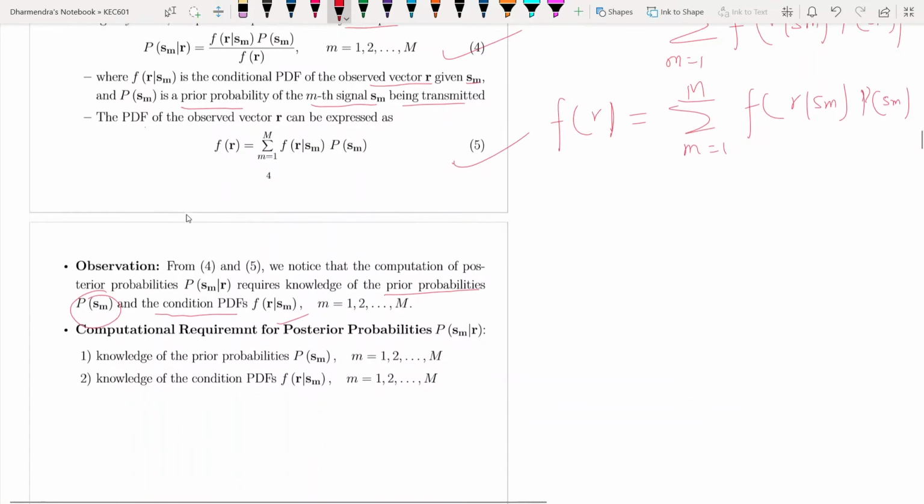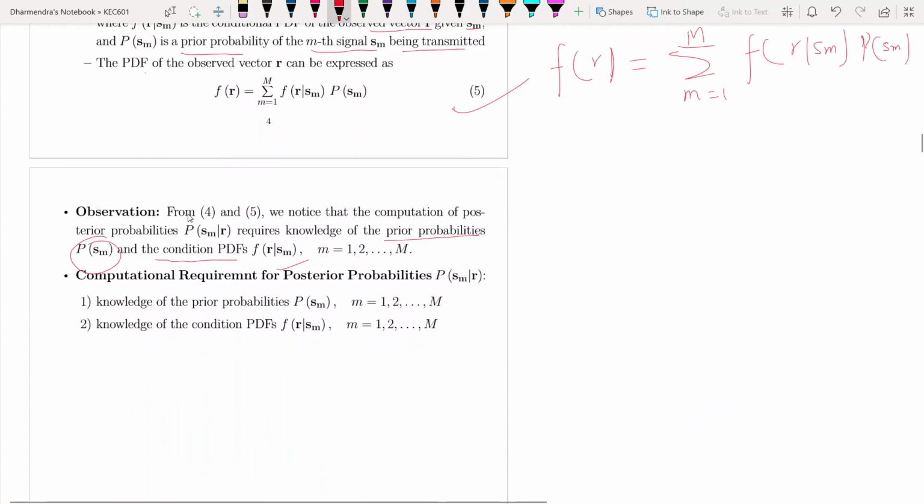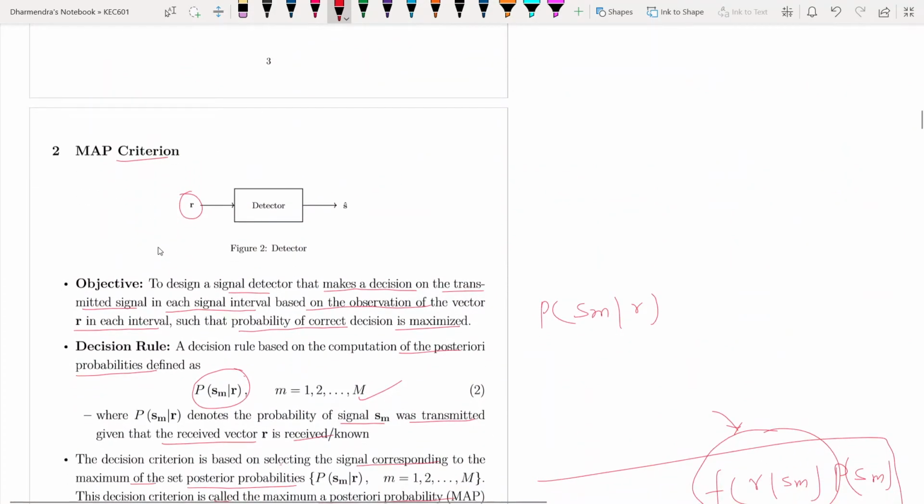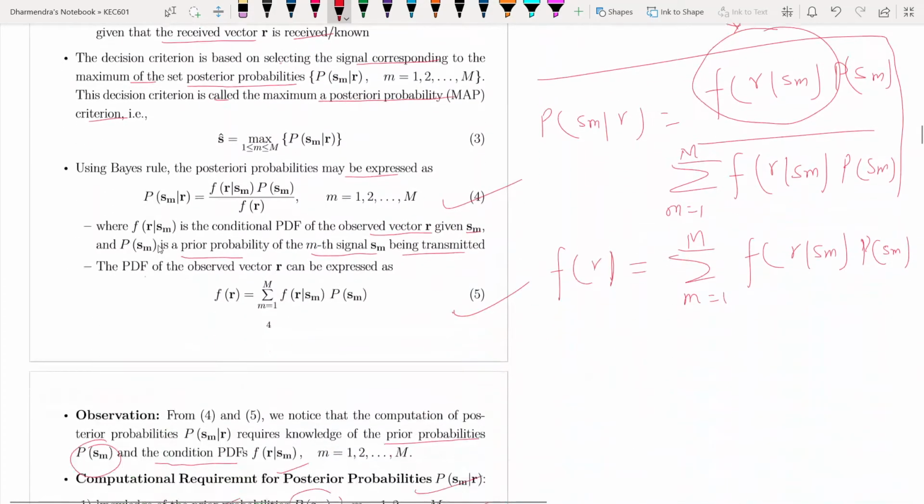Both are capital M probabilities. This is the computational requirement of MAP based detectors.